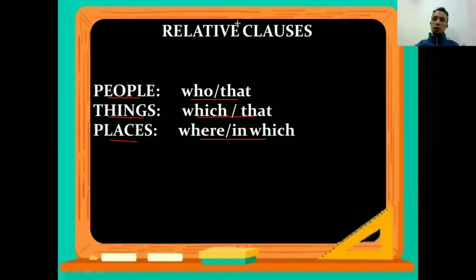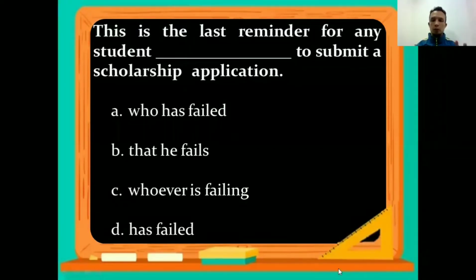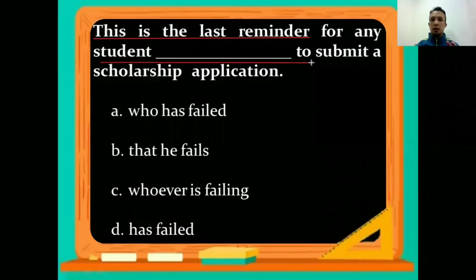Let's go back to the question here, how it works. The relative clauses are used in order to connect two ideas. Okay, for example, in here, the first idea is this is the last reminder. Second one, for any student has failed or whatever the test. So I have a second idea here. In this second idea, it's necessary to use a relative clause.